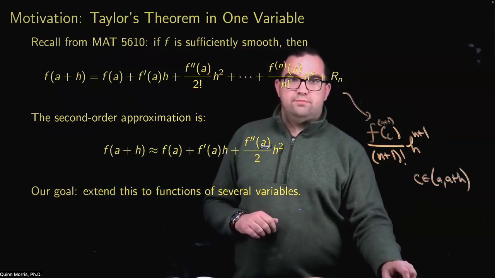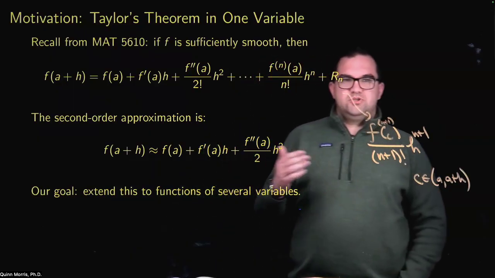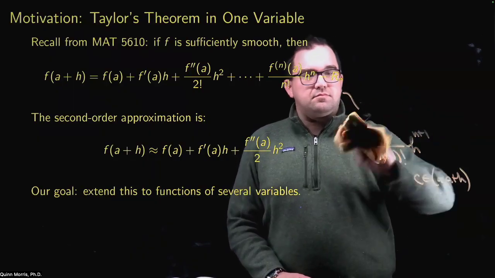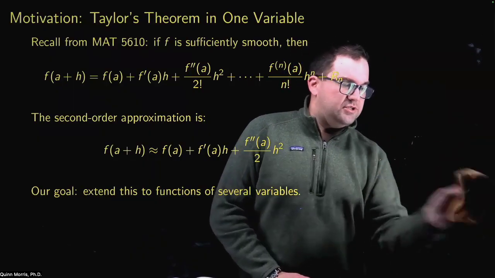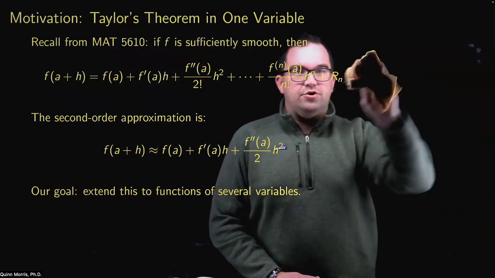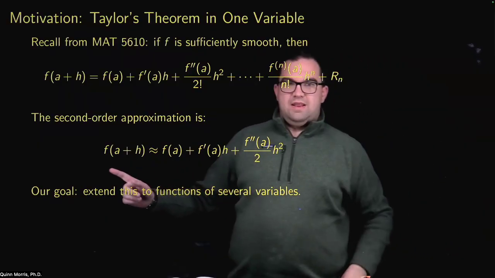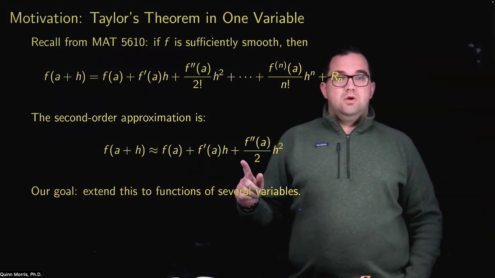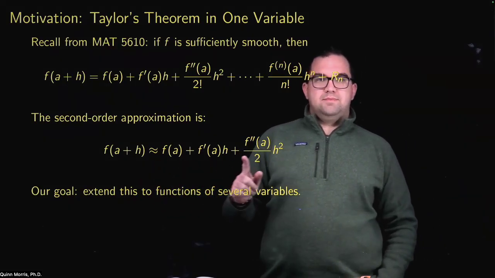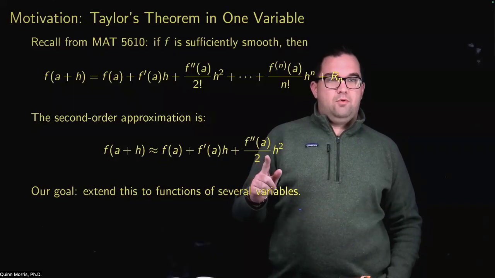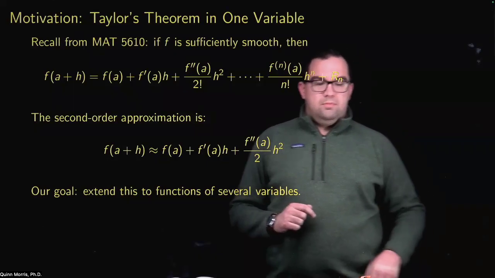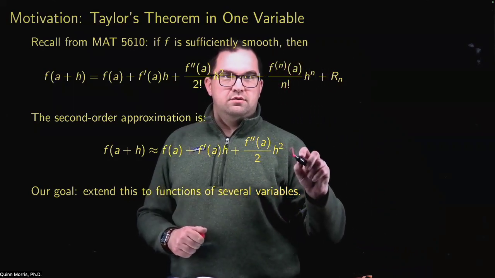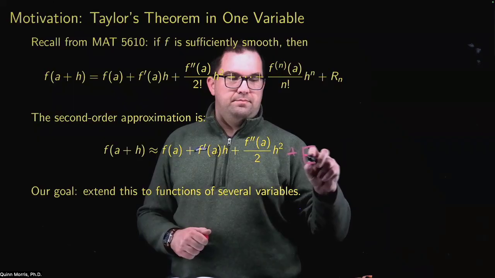You could get rid of this term, write this as an approximation, and then define the error to be of this order. If we just want to limit ourselves to a second order approximation, we just cut off with the second term. So I've got f of a plus h is equal to f of a plus f prime of a times h, plus, since I'm doing an approximation, f double prime of a divided by 2 times h squared, where then I would add on some error term.